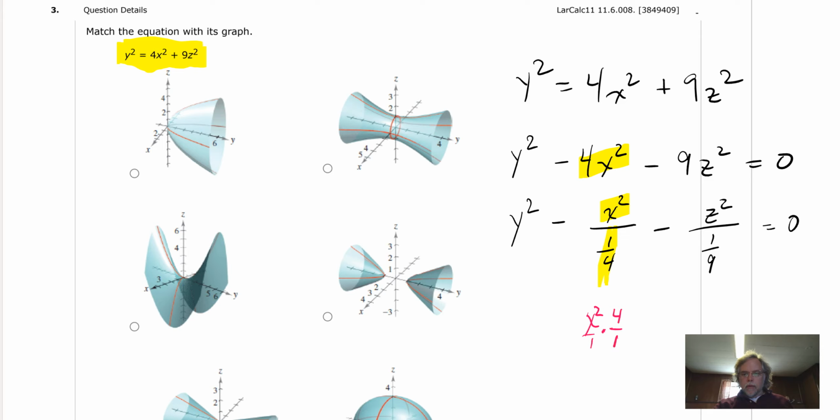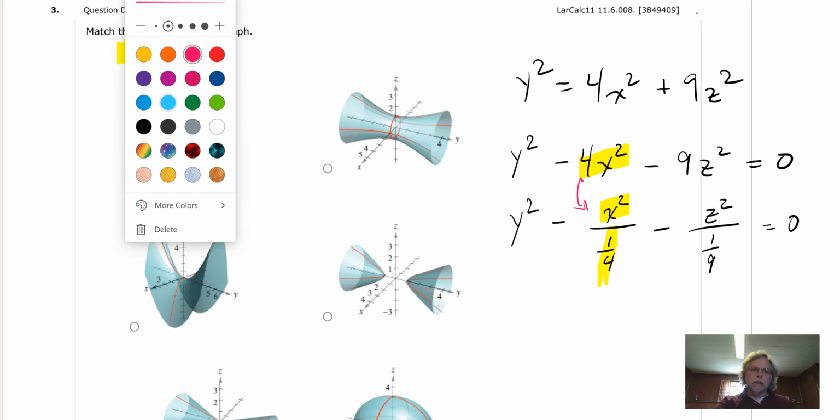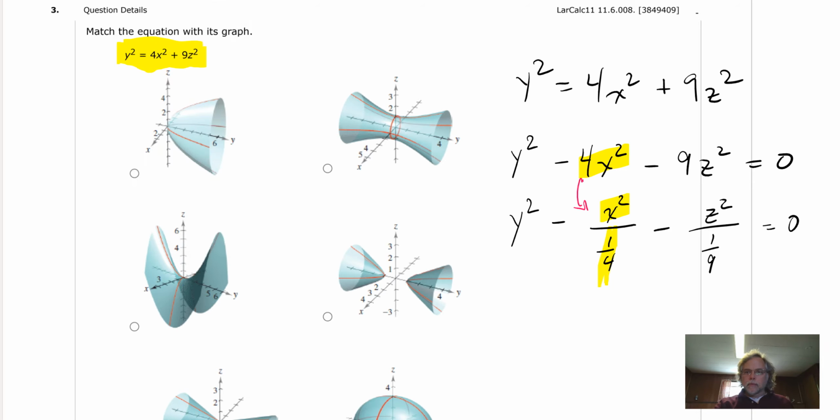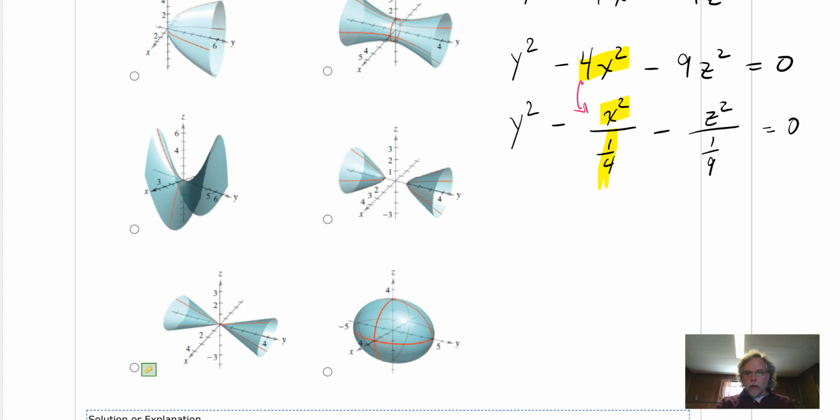x squared times 4 over 1. That would be 4x squared. Okay? And that's the normal direction of it. But here we're going backwards, starting from here and going to there. But there's a method to our madness. The purpose, because of the way the table is given to us, is that in the table the variables are all over things squared.